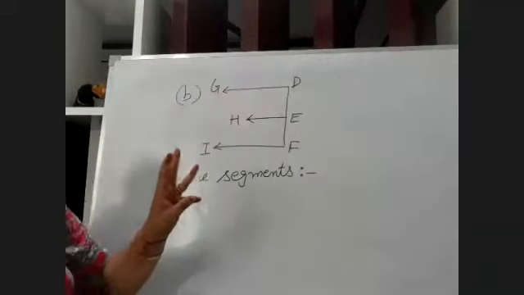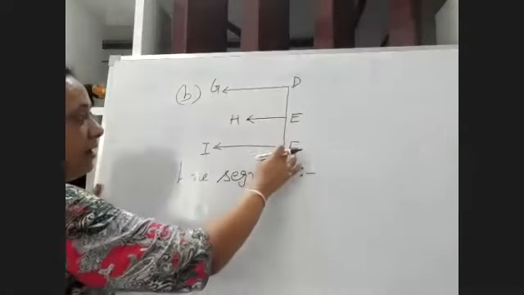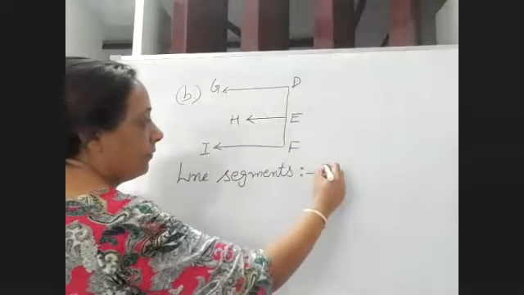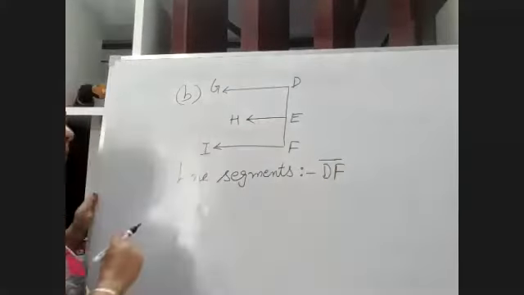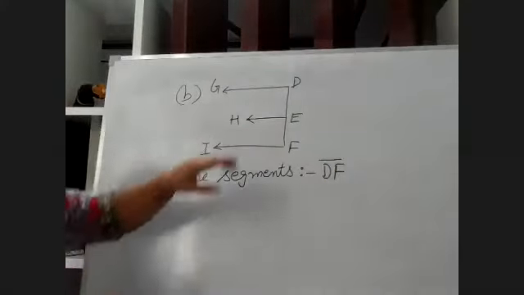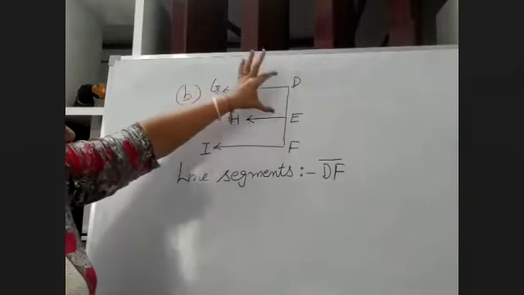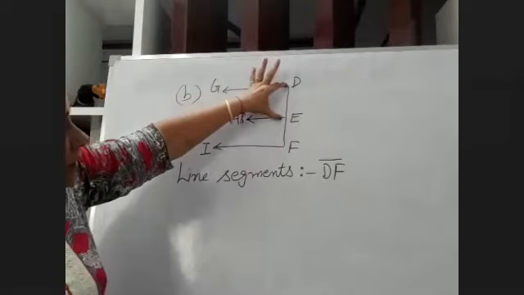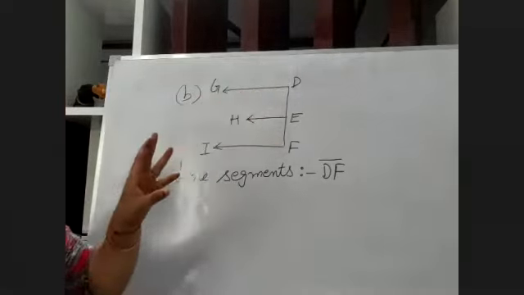Three line segments are there in this figure. First line segment is DF. In this figure, students, we have 3 line segments. First is this one. Second is this one. Third is this one.